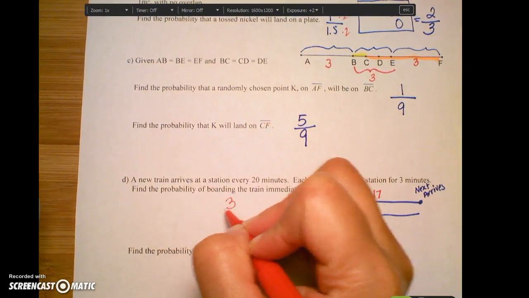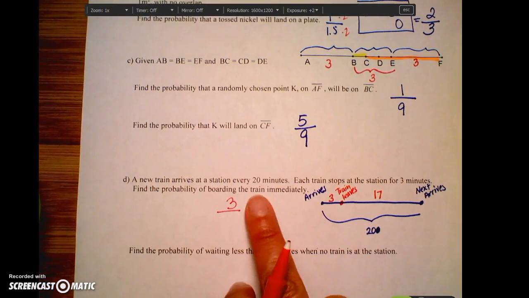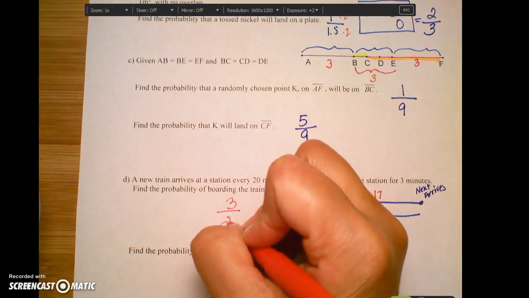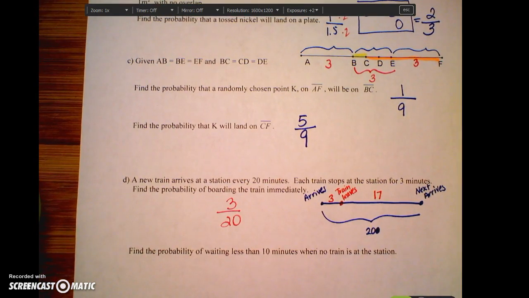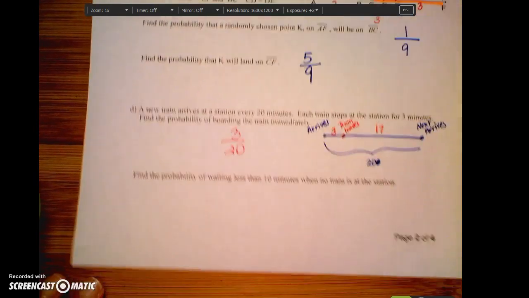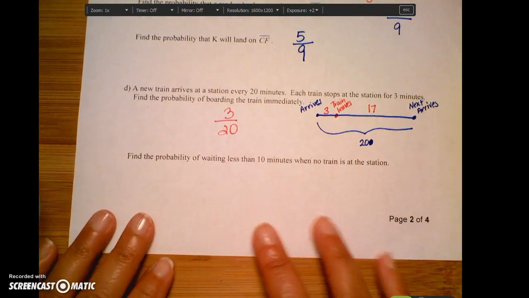So 3 is your desired location, and the total is a 20-minute cycle. So 3 out of 20 is your probability of boarding the train immediately.